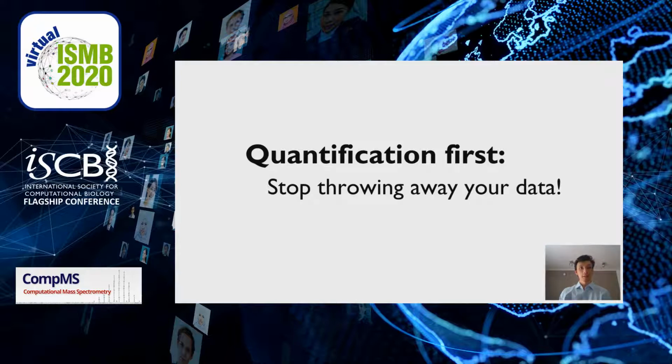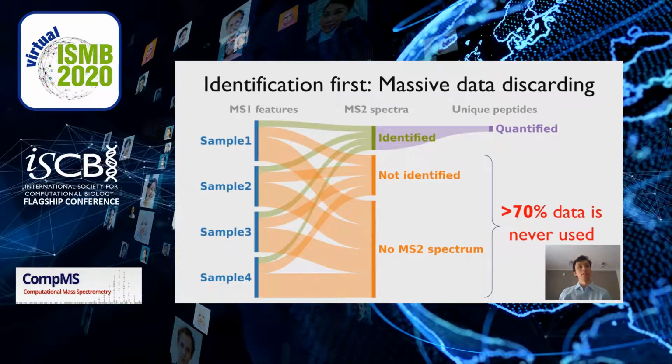This comes down to the central approach of our Condenser method, which is an approach we call Quantification First. In order to understand why this is such an attractive approach, we first have to consider what the state of the art is.